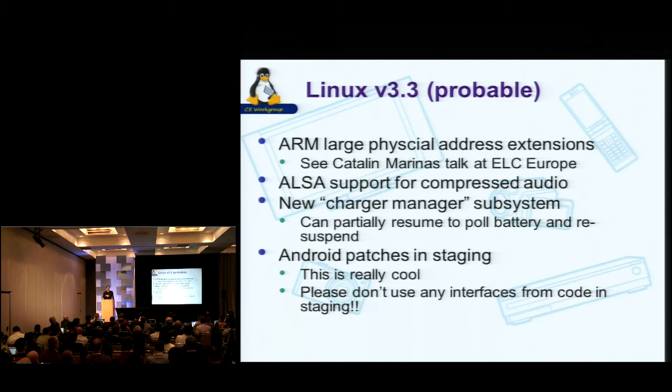These talks from ELC are being recorded, and the ones from ELC Europe have been put online by Free Electrons, so say thank you to them. Good job. I think the work that Free Electrons has done over the years to record literally hundreds of talks is really valuable for the community. And all this stuff is online. You can go take a look at it.